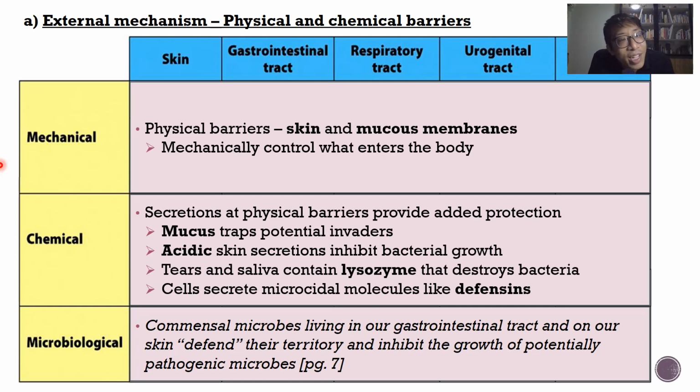So it's not included in the notes as an external mechanism. But I thought it is important for us to know that besides our own immune system, we also have such microorganisms that help us. They help to defend against pathogens by limiting the growth of the pathogens, as they live on our skin and in our intestines.